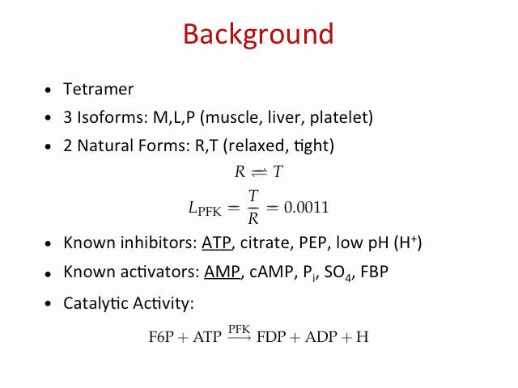In the relaxed state, the catalytic site is open and the enzyme can carry out its catalysis. In the tight state, the active site is closed and the enzyme is inhibited. The allosteric constant, L, for PFK is given in the slide, and this is basically the equilibrium constant between these two natural conformational states of the protein.